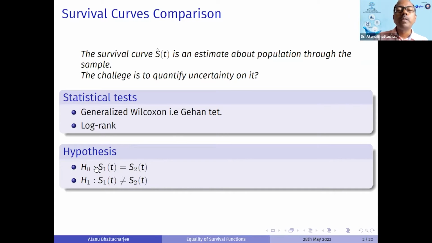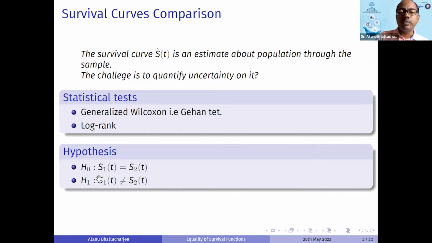Basically, our null hypothesis says that if you give one type of treatment to a group of patients and another type of treatment to another group of patients, over the time, their survival probability is going to be the same. That is the fundamental application of the null hypothesis. And the alternative says that it is different.